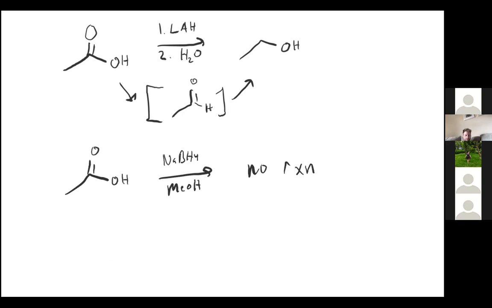So when am I going to care about this? If we have both on a molecule, so let's say we had something like this here and we throw in LAH.